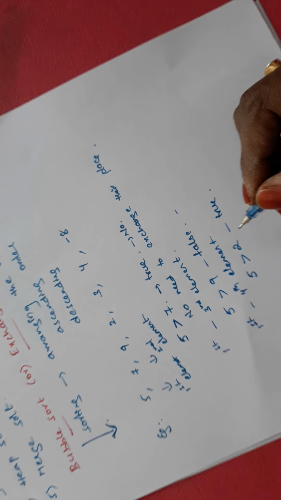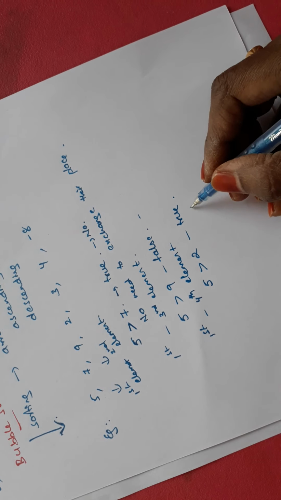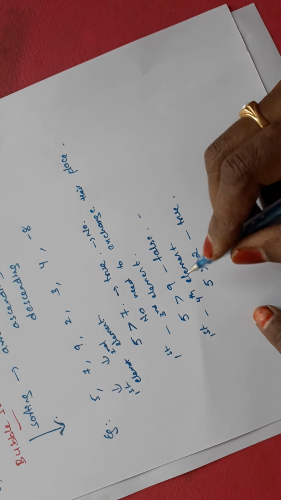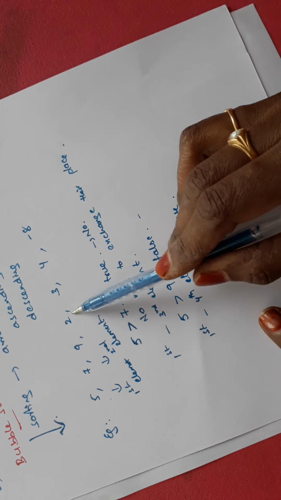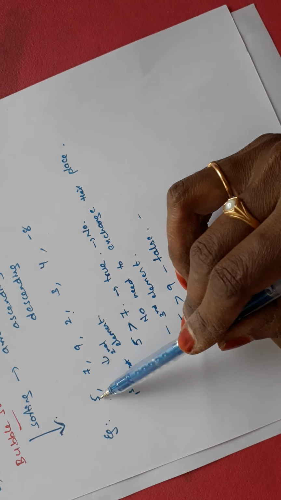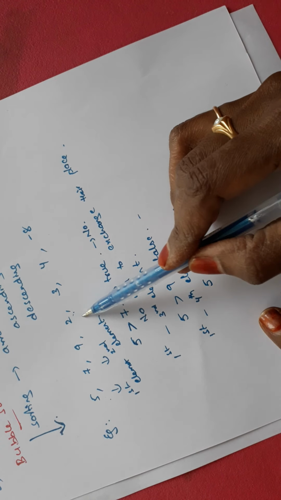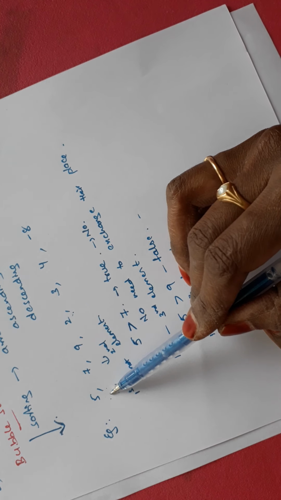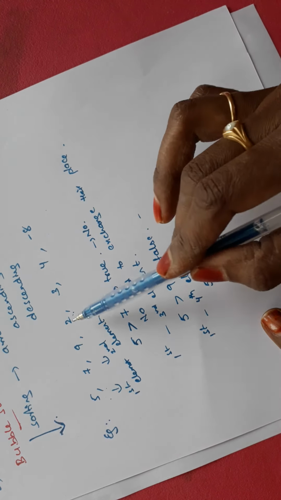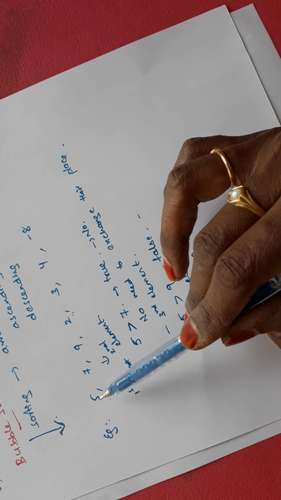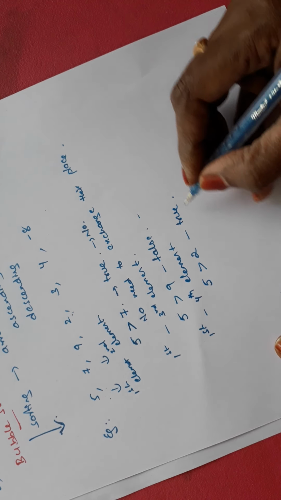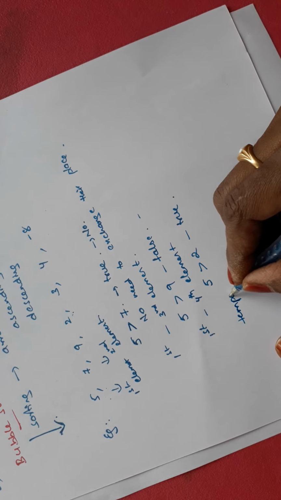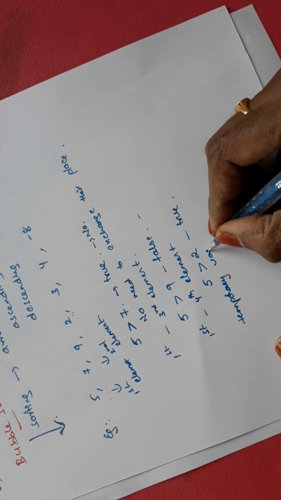Now the exchange takes place. 5 is in the first place and 2 is in the fourth place. So 5 has to move to the fourth place and 2 has to move to the first place, because 2 is less than 5, and to arrange in order the 2 must be in the first place. Let us take a temporary variable.